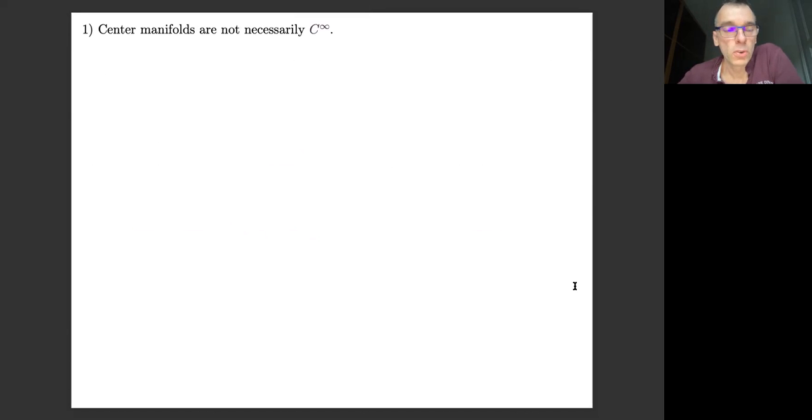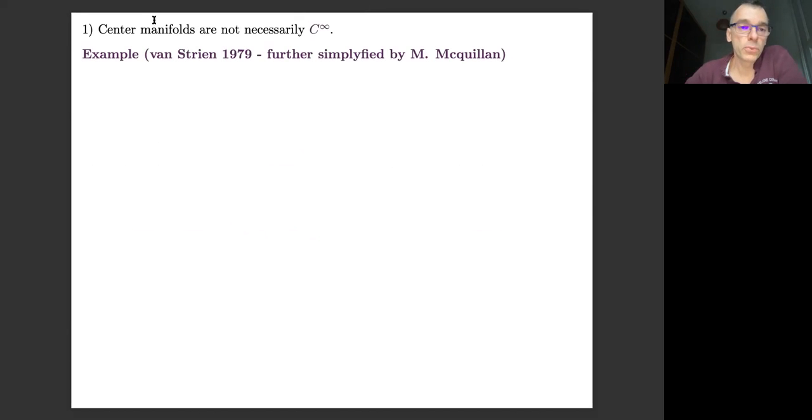I knew this example from a paper of Sebastian van Strien from '79, and when I explained this example to Michael McQuillan, he already knew it and said to me that this is called the monster. He discovered this example independently in his work.